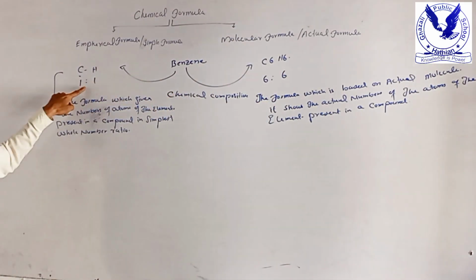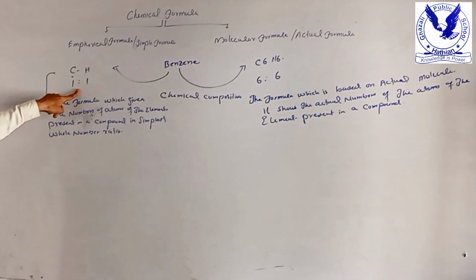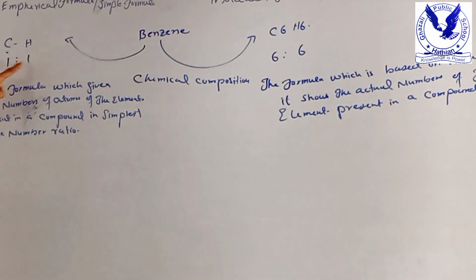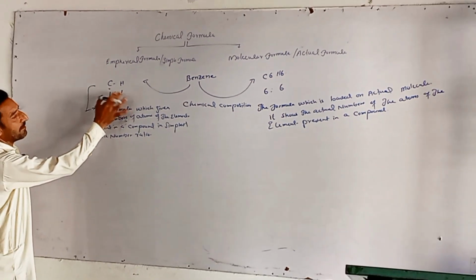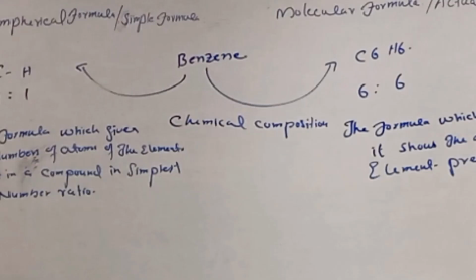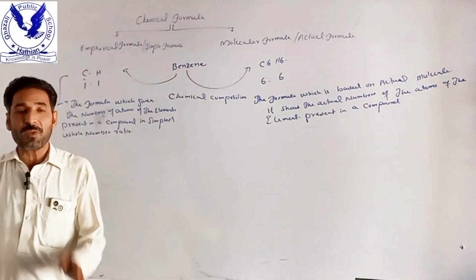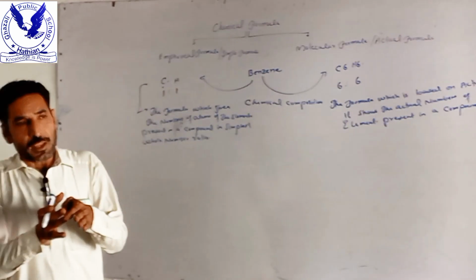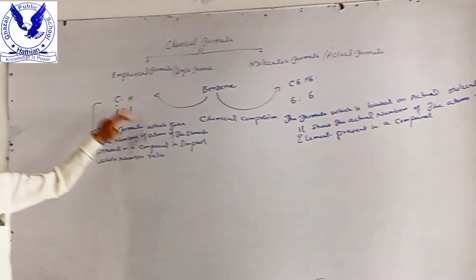The formula which gives only the chemical composition, in the simplest whole number ratio, is called the empirical or simple formula. A molecular formula is a simple multiple of the empirical formula. If we multiply the empirical formula by a number, we can get the molecular formula.